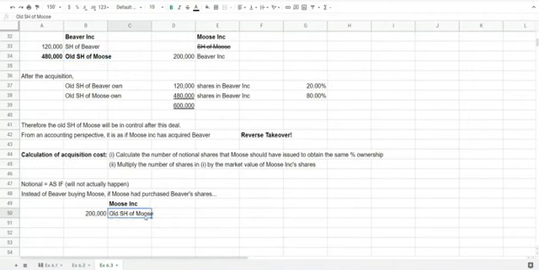Now we're saying if the old shareholders of Moose, their percentage ownership is supposed to be 80%, then how many shares should have been issued to the old shareholders of Beaver so that after the shares are issued, the old shareholders of Beaver will own 20%.